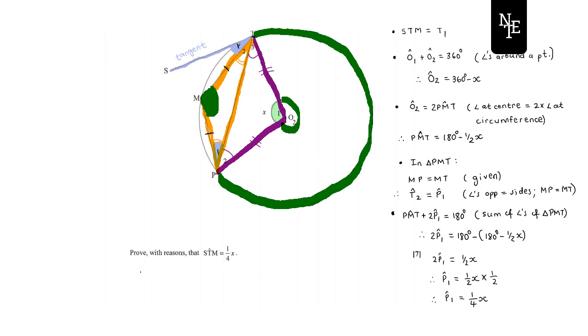The next statement is angle P1, and because we are proving, you can even write here "but" angle P1 is equal to angle T1. What's the reason for that? Well, it's by the tan chord theorem.